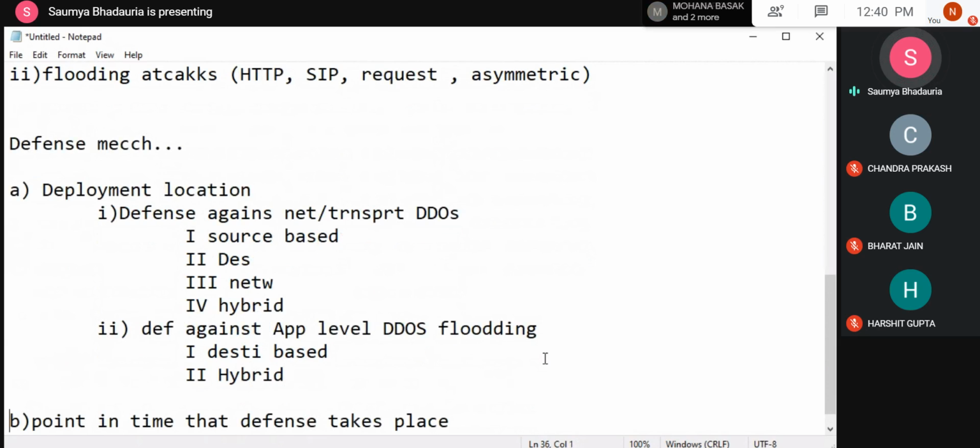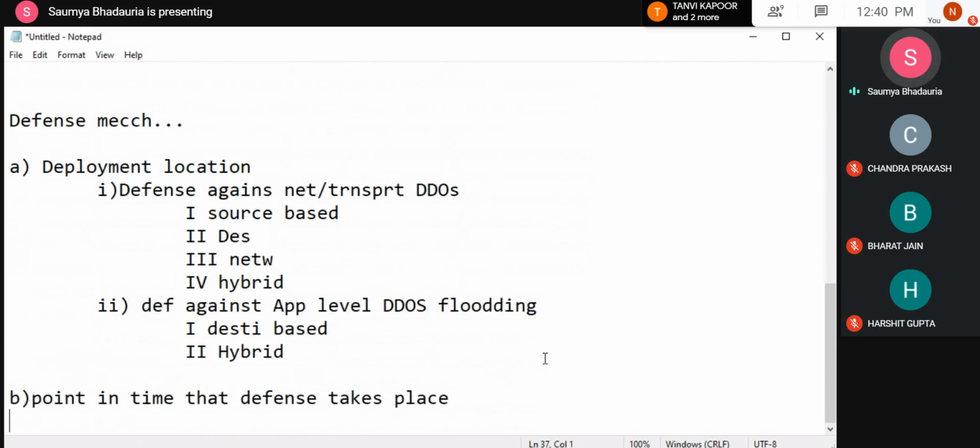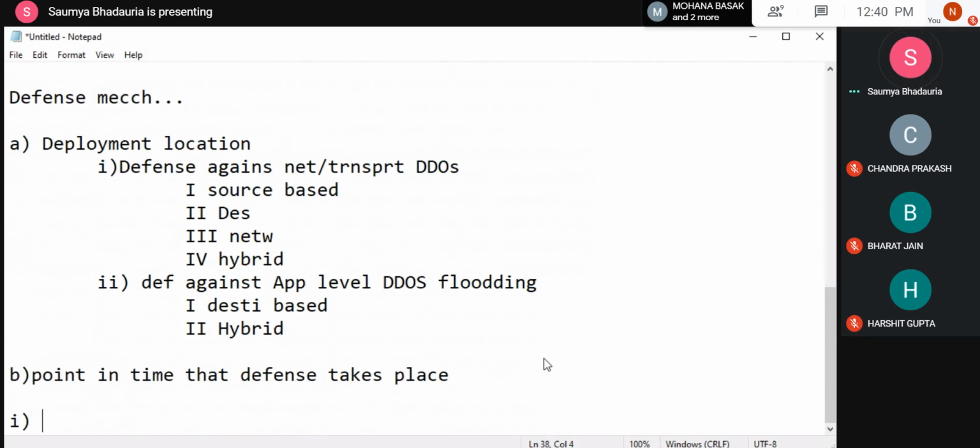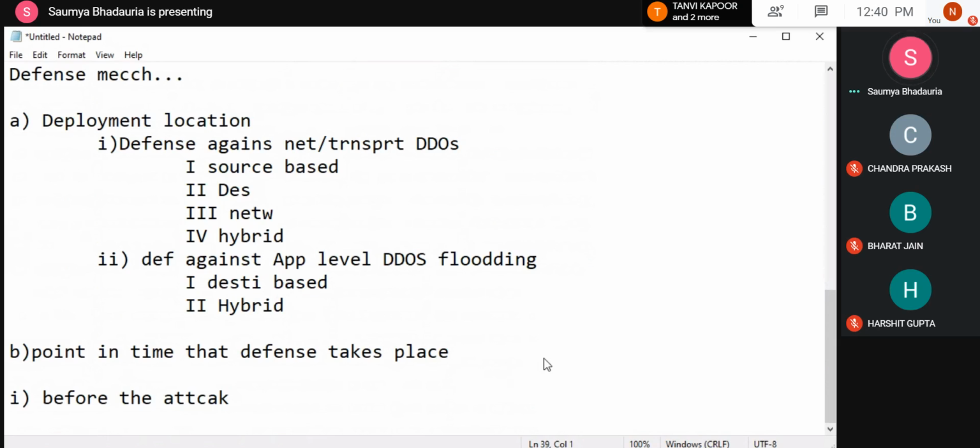Now, the second category is the point in time that defense takes place. You can have this before the attack, where you are not sure whether the attack has happened or not. So as of now, you assume that the attack hasn't happened, and you are trying to develop the defense.